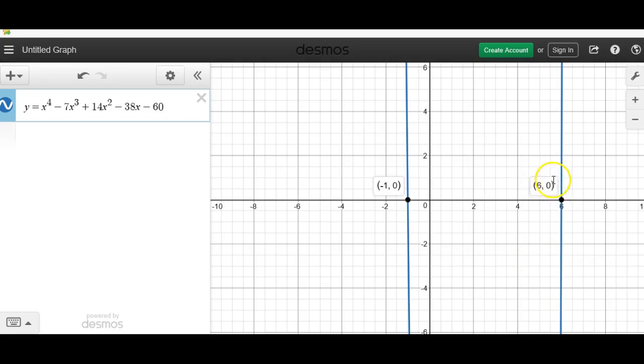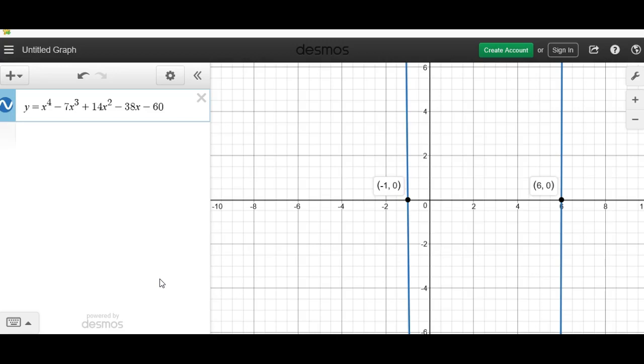And there's my 0 because this is 6 I can plug in to the function where I see x, and I can do the arithmetic, and it would produce 0 after I did the arithmetic. Same thing for -1. I can substitute in -1 for x, and I would get an output of 0 for the y spot. So I like Desmos because the x-intercepts or the roots of the function are easy to spot.